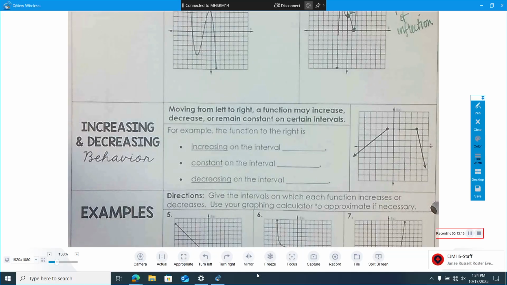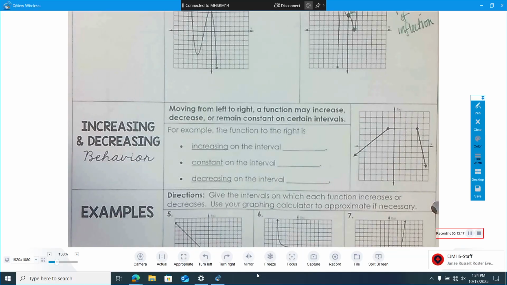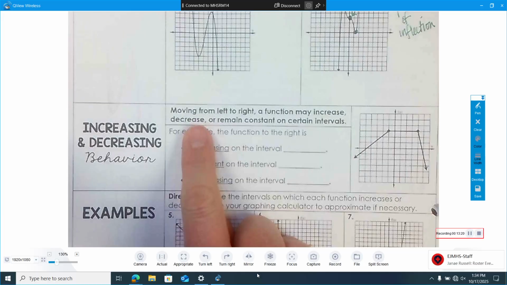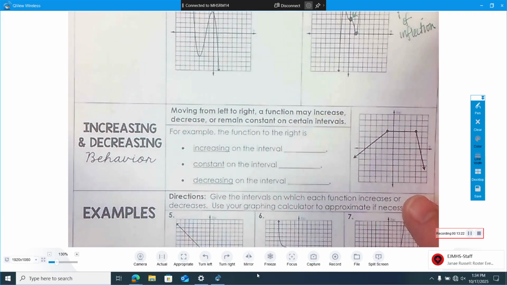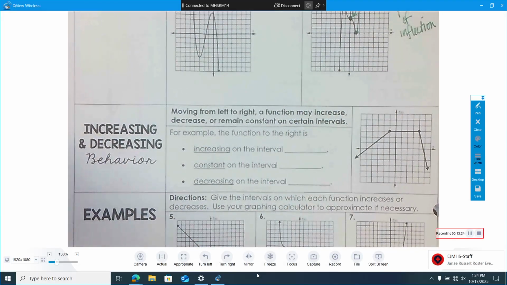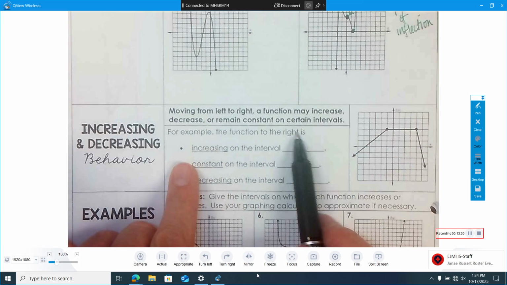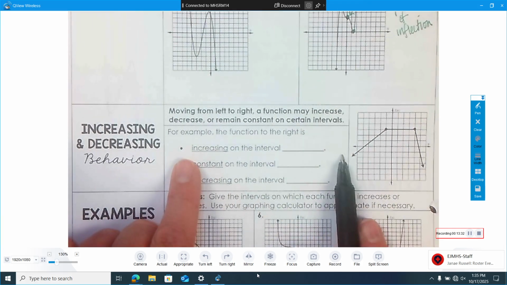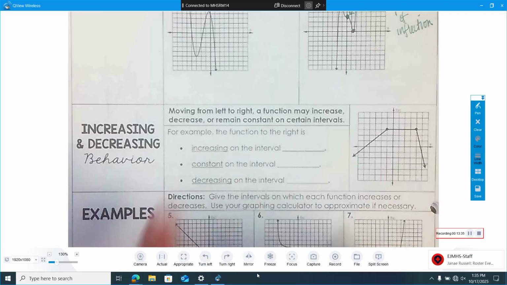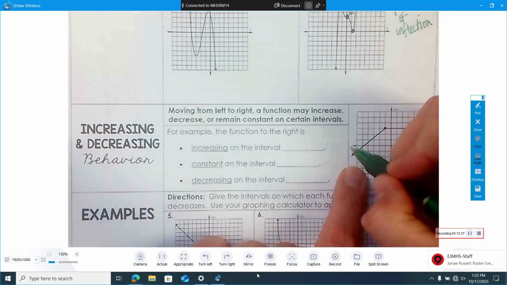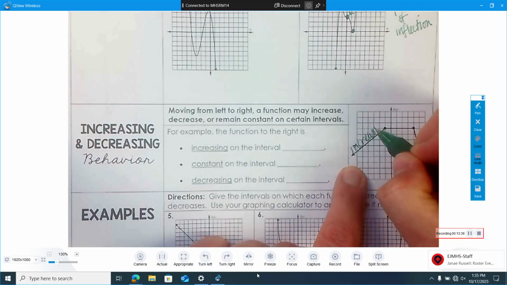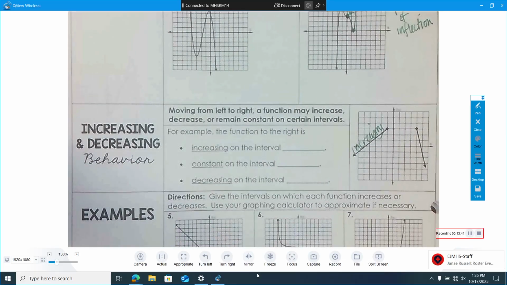Okay. Easy. Increasing and decreasing. Moving from the left side of the graph to the right side of the graph, a function may increase, decrease, or remain constant on intervals. So on this graph to the right here, as I move from the left side, I am increasing on this first interval.